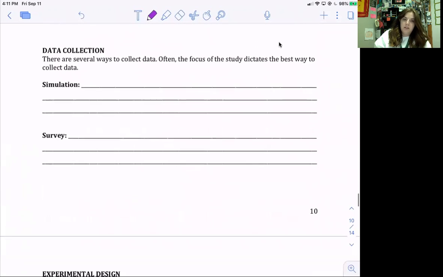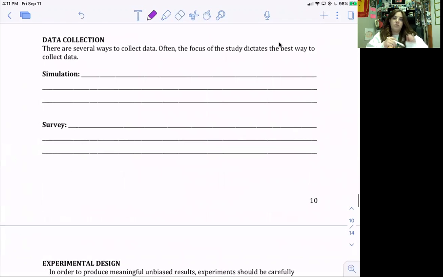So now let's talk about our different methods of data collection. So there's several ways to collect data. It's all dependent on what the study is focusing on.